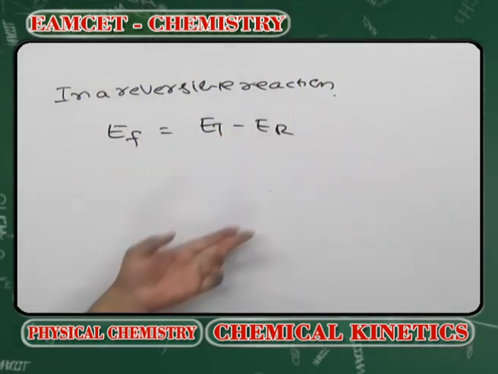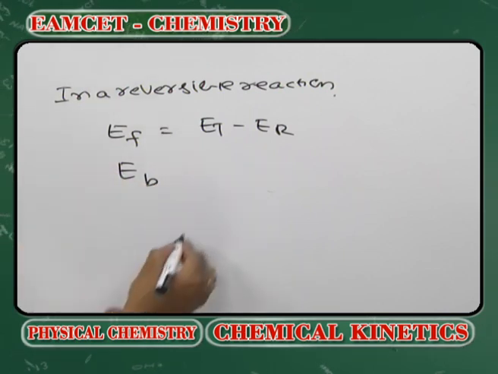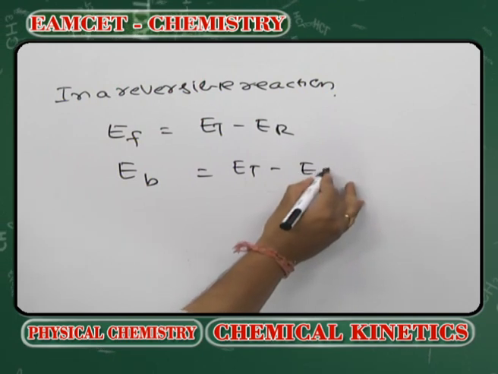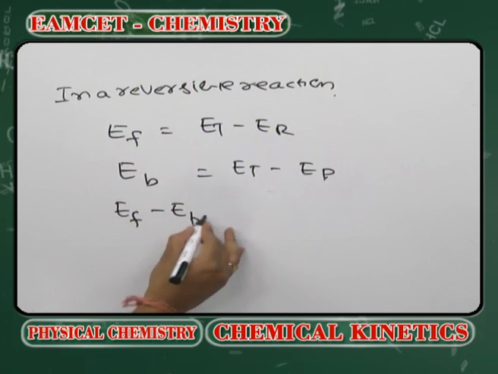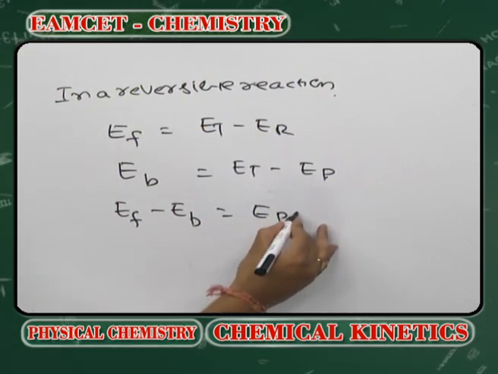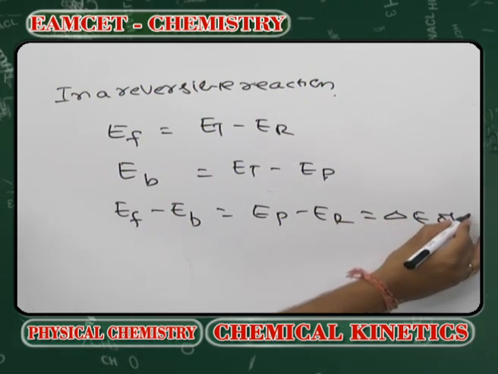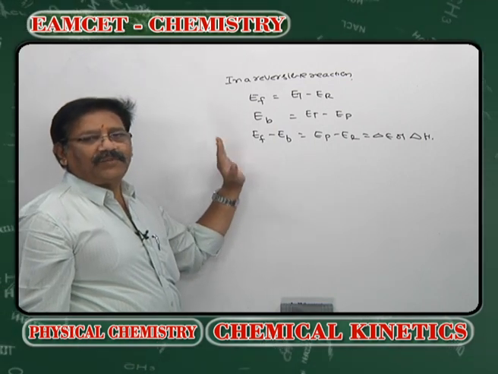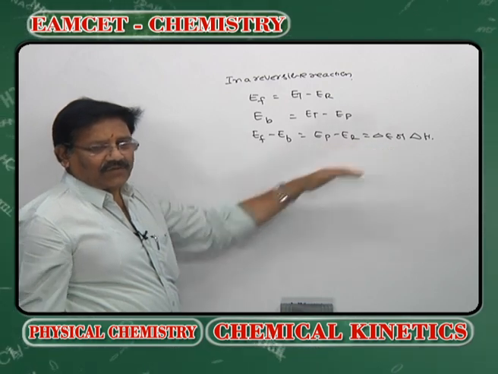Threshold energy. What does ER stand for? Energy of the reactants. Activation energy for the backward reaction EB is equal to ET minus EP. So EF minus EB will be equal to EP minus ER, which is equal to delta H. This is also one of the important relations based on which we can expect questions.